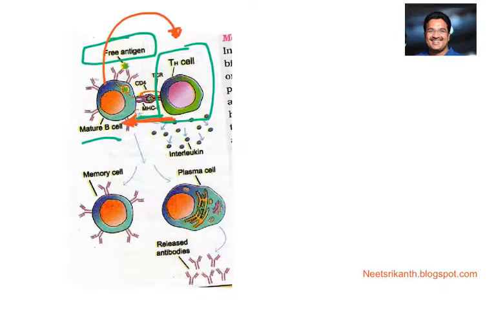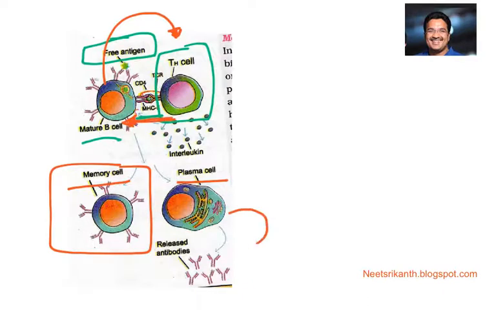Now it participates in humoral immunity by differentiating into plasma cells and memory cells. The plasma cells start producing antibodies specific to that particular microbe, after activation by the T helper cell.